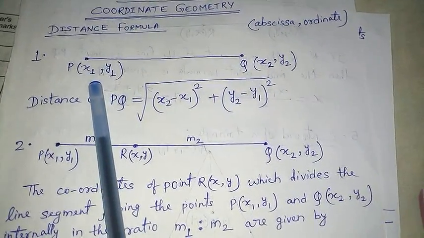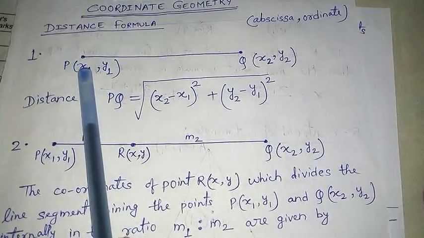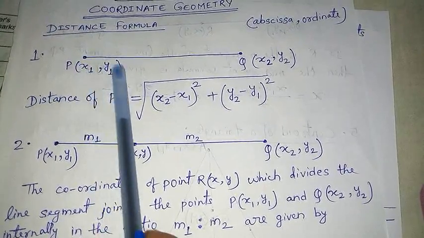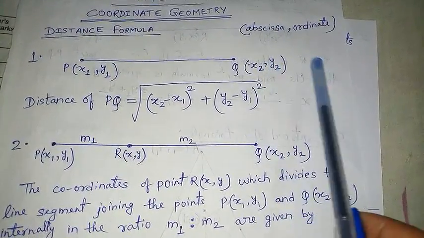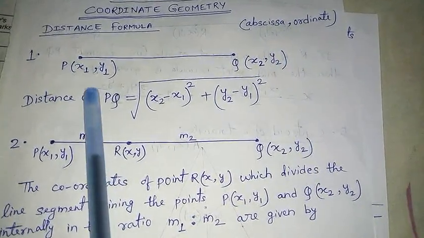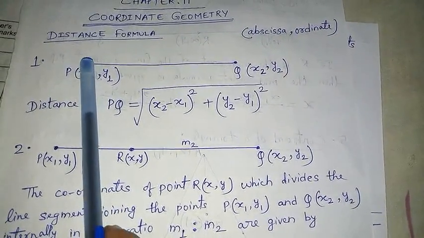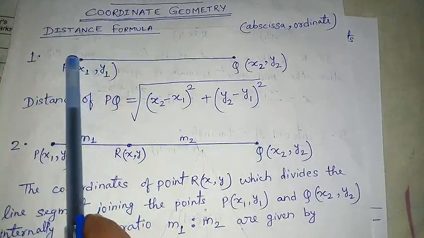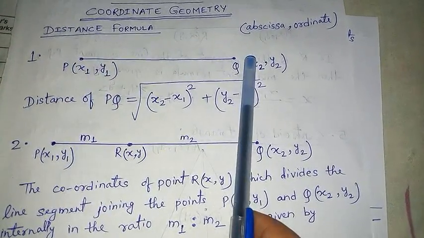I mean to say x1, y1 can be anything, like 3, 2 or 1, 4, or here it can be 4, 5. But you just think it is x1, y1 and x2, y2. Then you are asked to find the distance between P and Q, that is, the distance from P to Q.